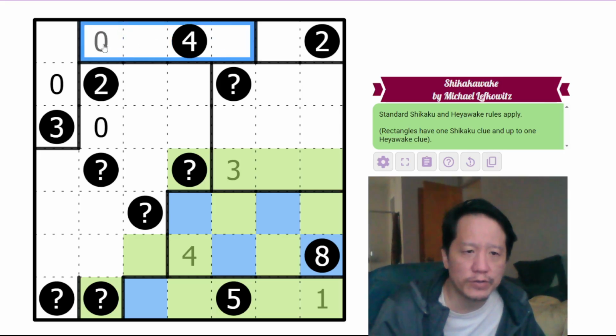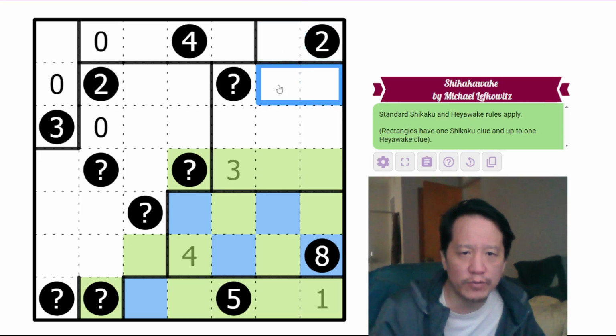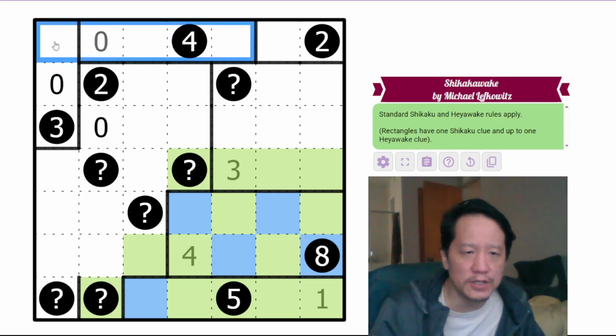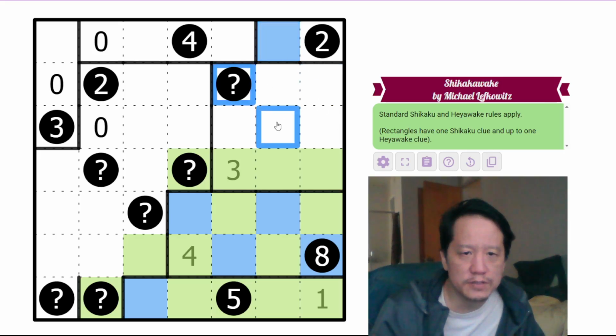So therefore we go there. This would have to be part of Shikaku, so it's part of that. This would also be 2 that way. This would have to go either this, this, this. So these would have 0 cells, so this must be shaded then. Which means this has to be shaded, shaded, shaded here.